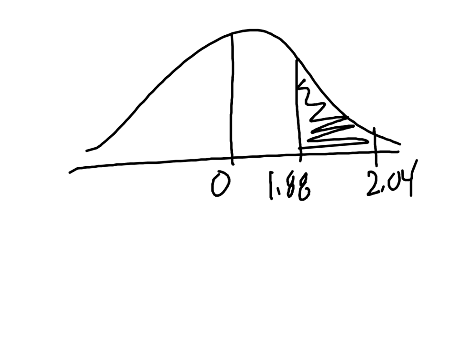Where the 1.88 before turned out to be 61.5, and where the 2.04 turned out to be 62.5. This area here is going to be equal to our probability, which would be equal to the answer had we worked this out with our binomial formula.